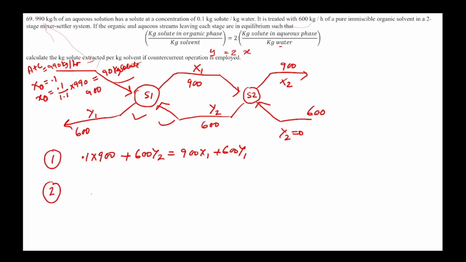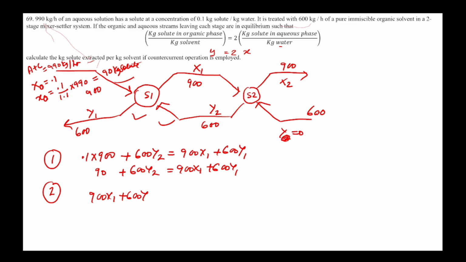Stage 1 balance: 90 plus 600 y2 is equal to 900 x1 plus 600 y1.